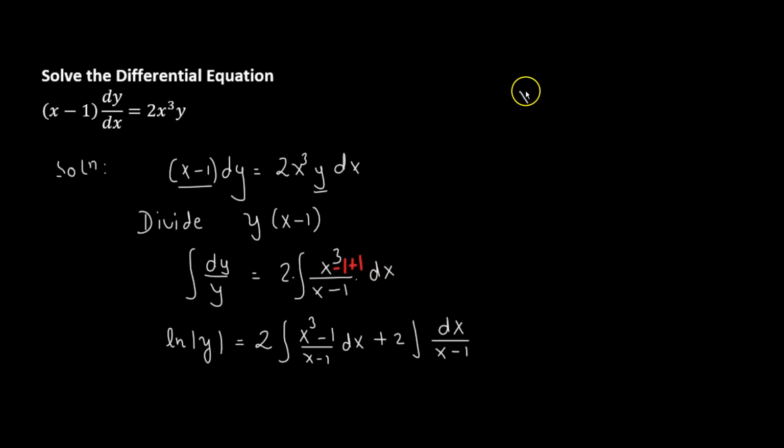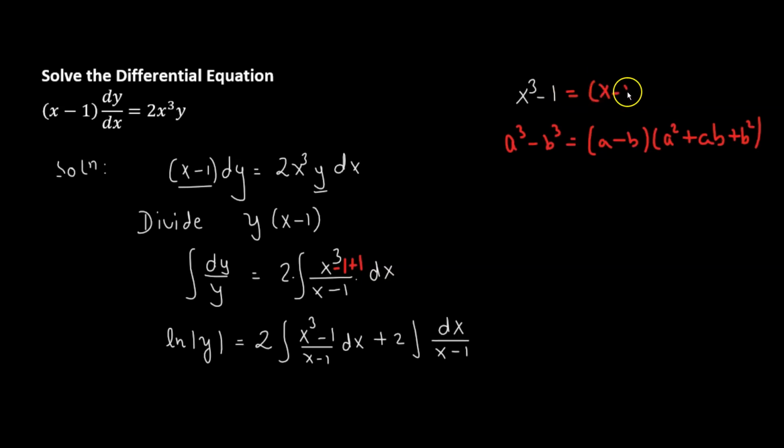Now we can expand x cubed minus 1 by using the identity that a cubed minus b cubed equals a minus b times a squared plus ab plus b squared. So x cubed minus 1 gives us x minus 1 times x squared plus x plus 1.